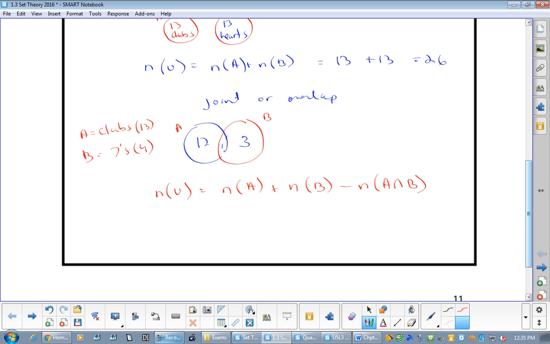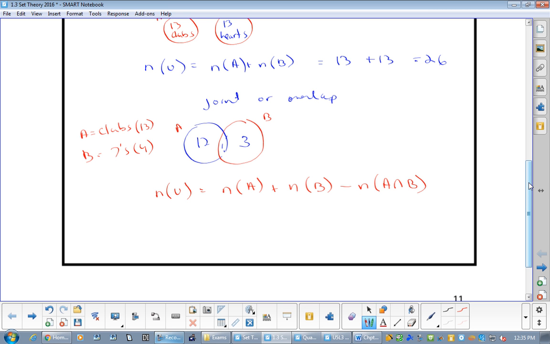Correct? Isn't there 14 clubs, like with the ace? No. Should be. No, yeah, there's 13, yep.